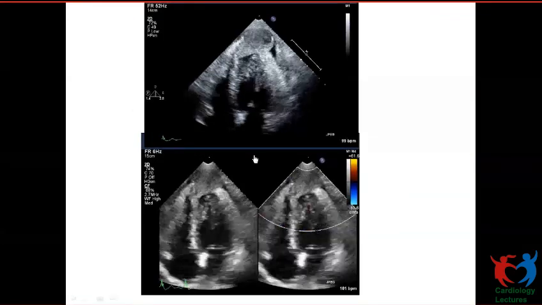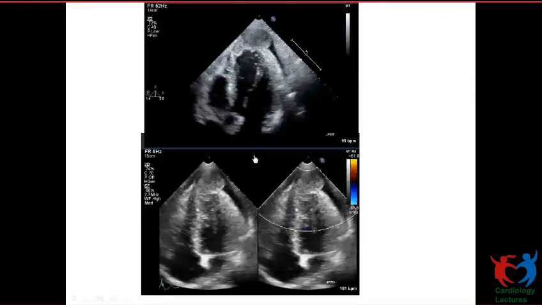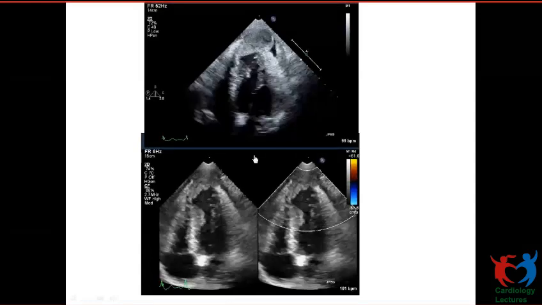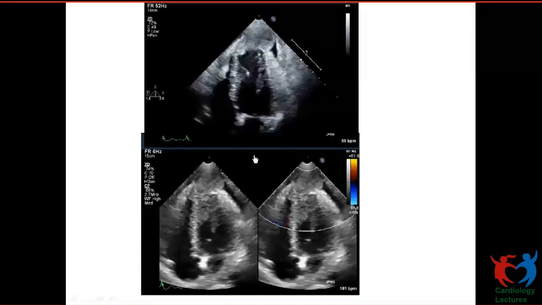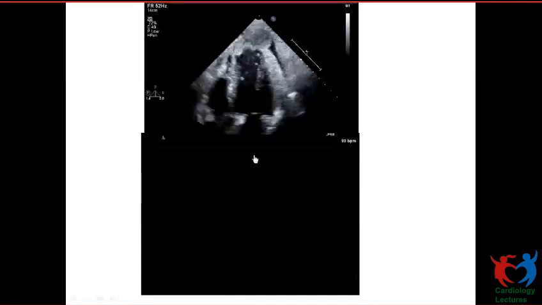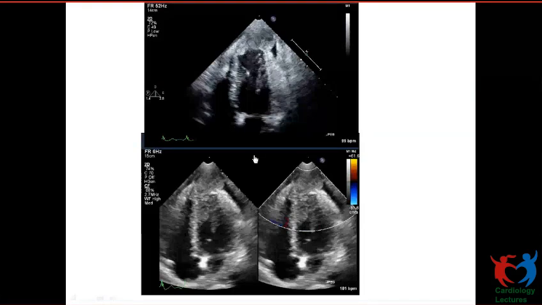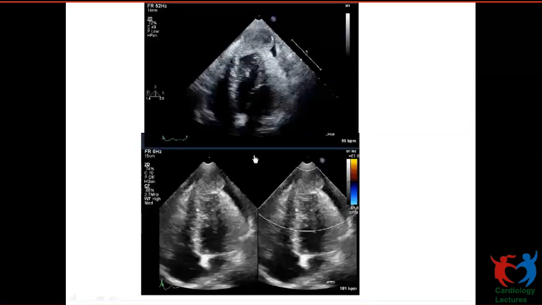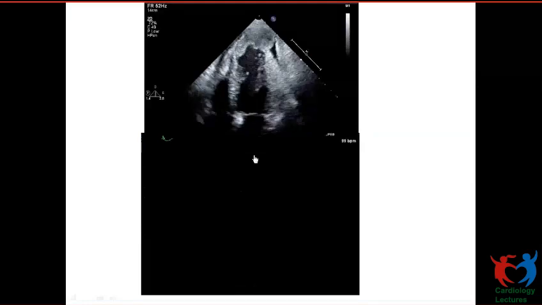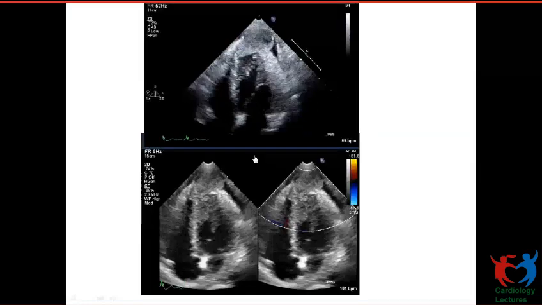See this? Maybe an apical rupture contained by thrombus.